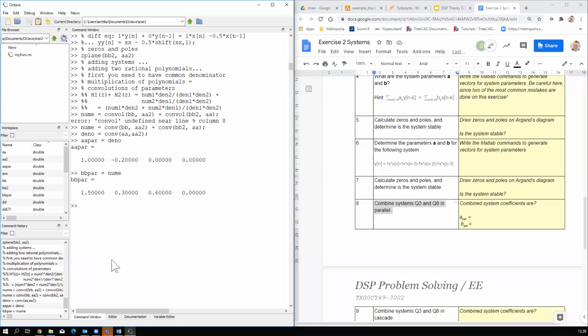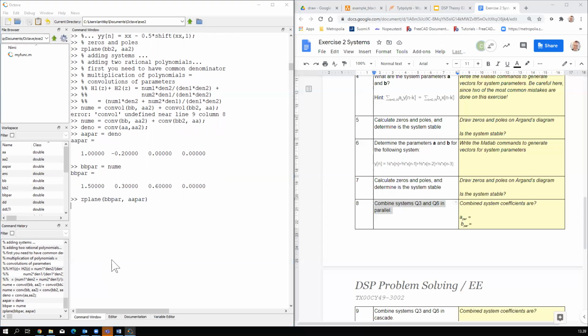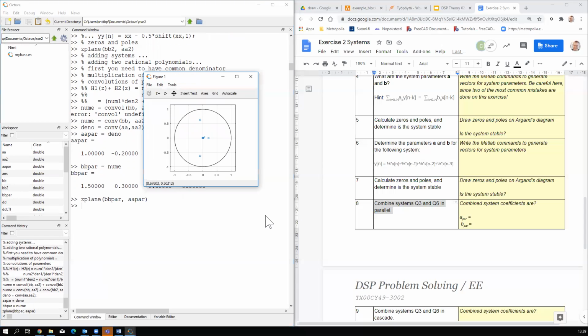We can take a look at, for example, the zero pole plot. Wow, it's totally different. So we have two zeros, they are not on the unit circle anymore.